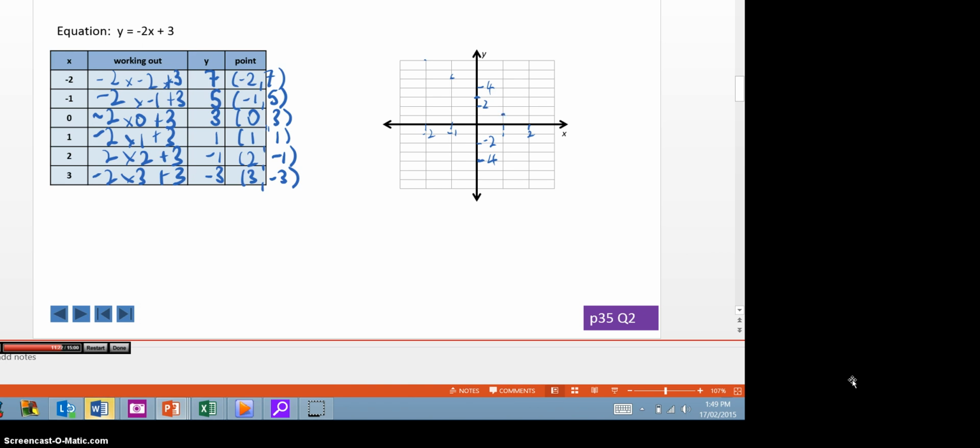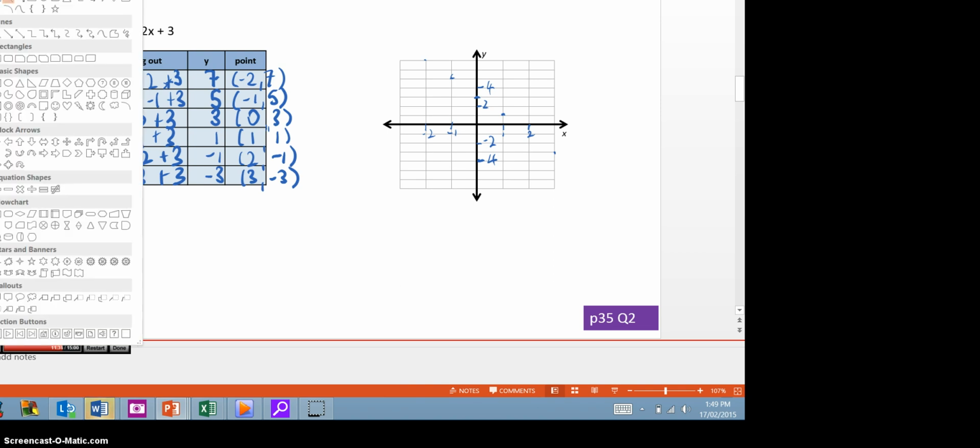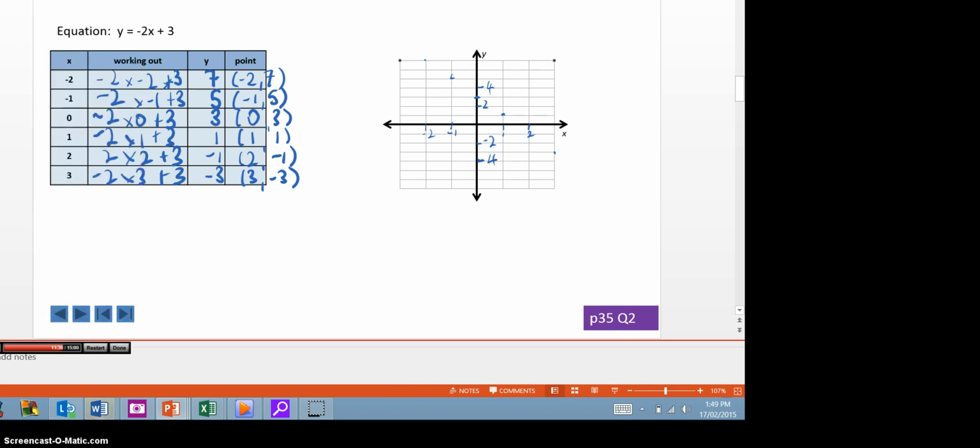So with this third type of example, you have to not only work out the gradient, but you also have to work out the y-intercept. And hopefully you can see the y-intercept straight away. In the first example, it's going through +5, and in the second example, it's going through +3. So that's something you can straight away work out by just looking at the graph. But you need to work out the gradient, and so you'll need to do a calculation.